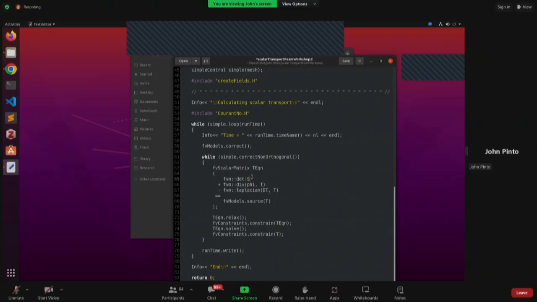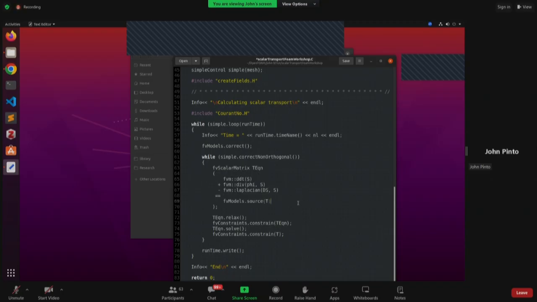So here it is saying the ddt, that is a transient term for S, and here diffusion of S, then Laplacian of S, and with that you will need this diffusivity. So I'll change that and I'll say my diffusivity is DS, and then you can add a source by using fvModels, or in our case, we knew what the source was.